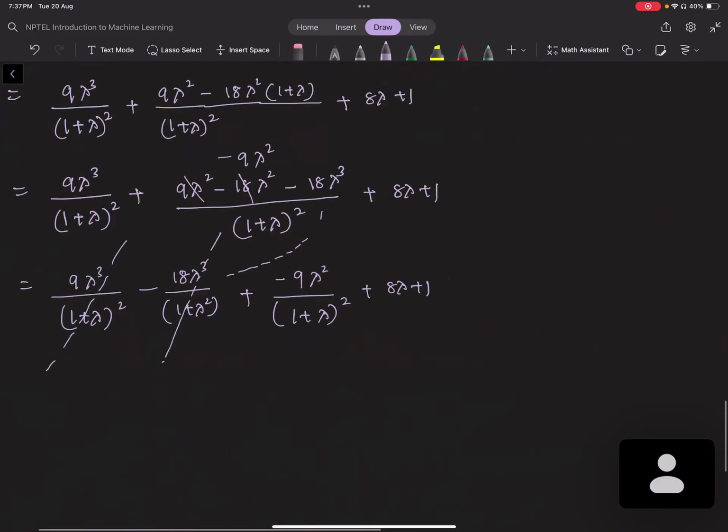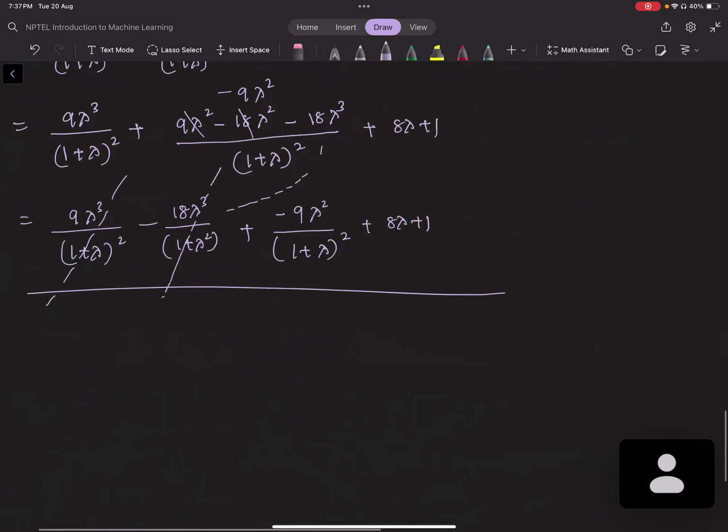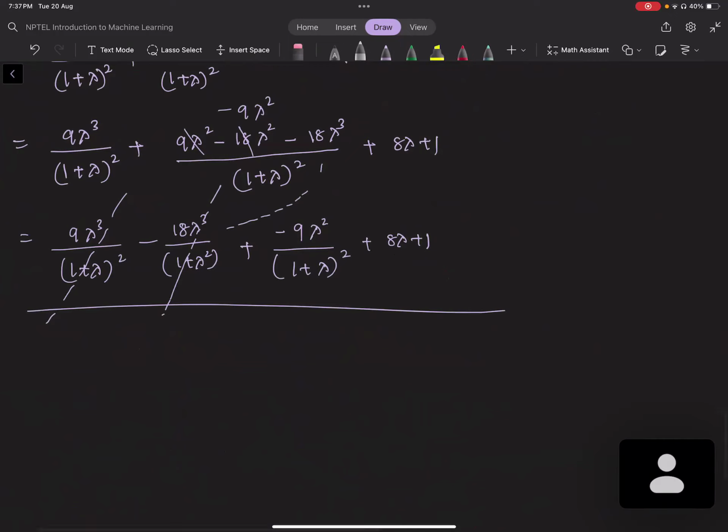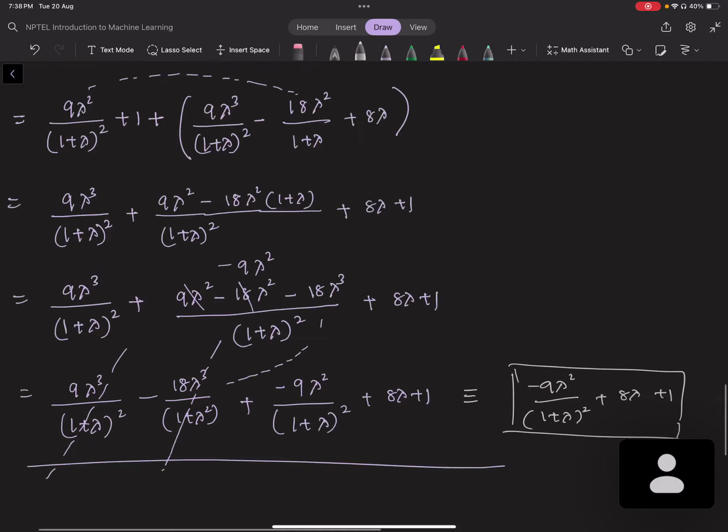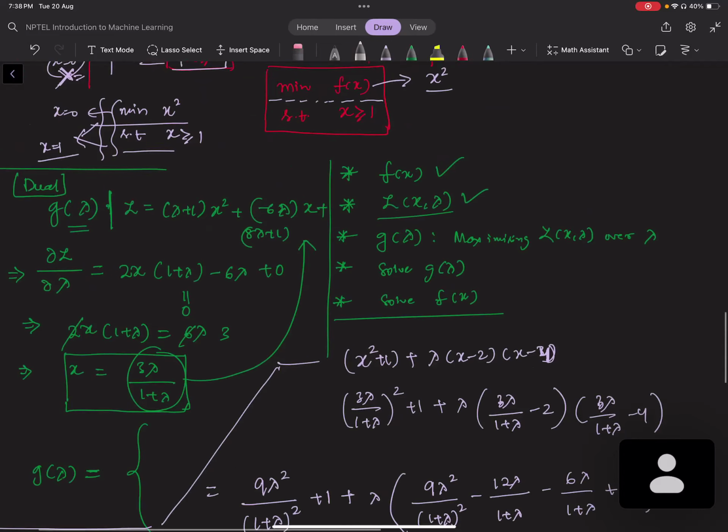Just give me a second. I think I'm taking much more time than I should. If I cancel this, the answer should be equivalent to minus 9 lambda square by 1 plus lambda square plus 8 lambda plus 1. This should be the answer. If I cancel this one, since it is not cancelling, let me write down that again.